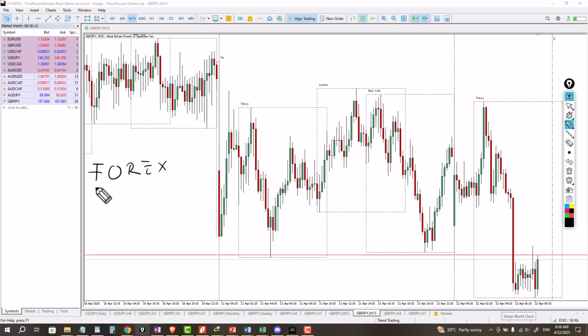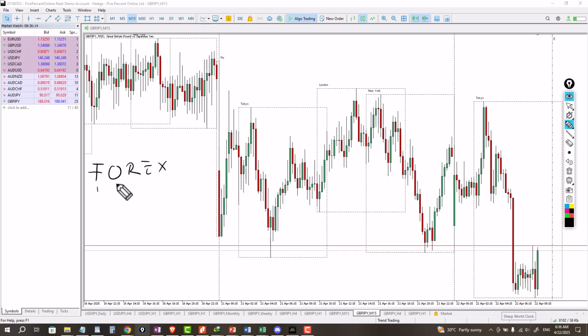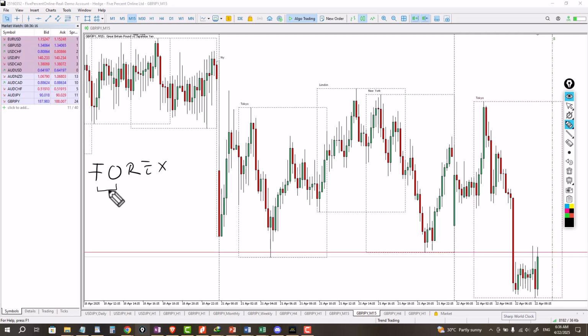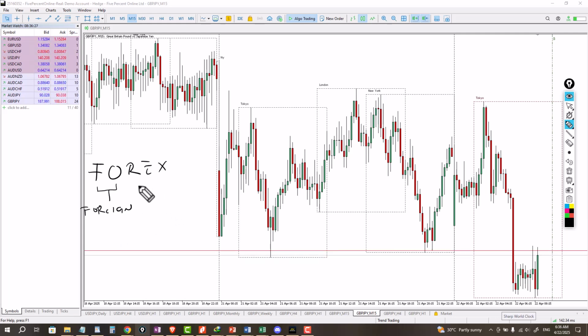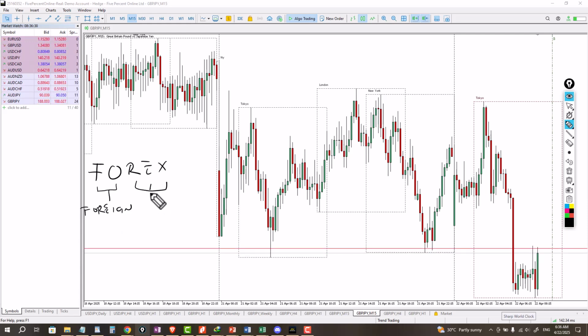Now, the first letters of the term forex are an abbreviation of the term foreign. Let me spell it this way. Excuse my handwriting. The last two letters refer to exchange.